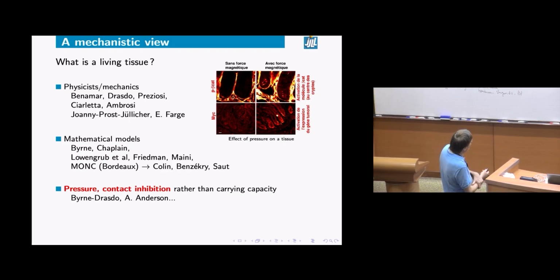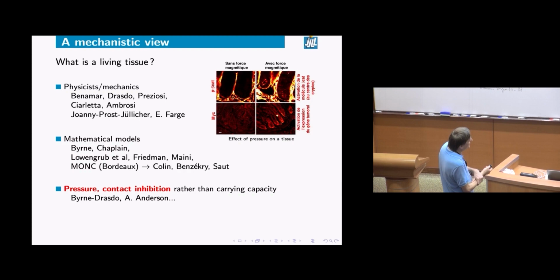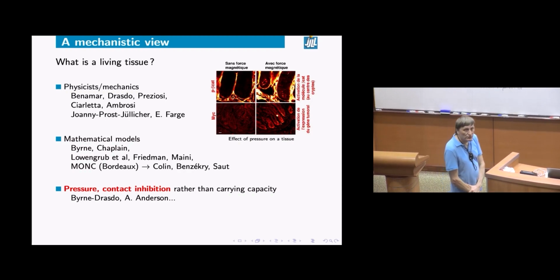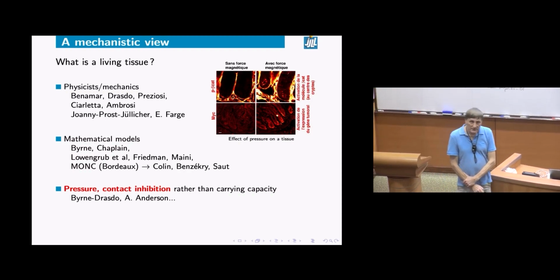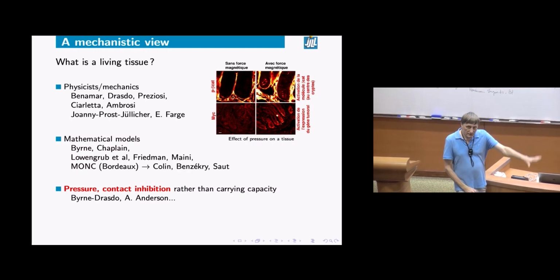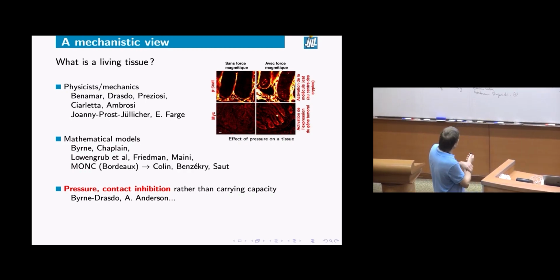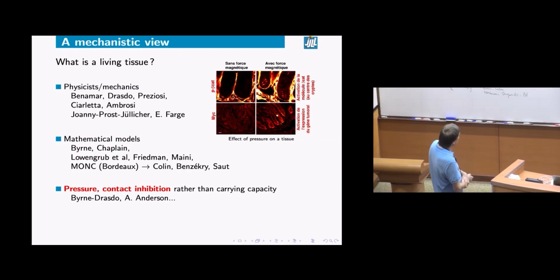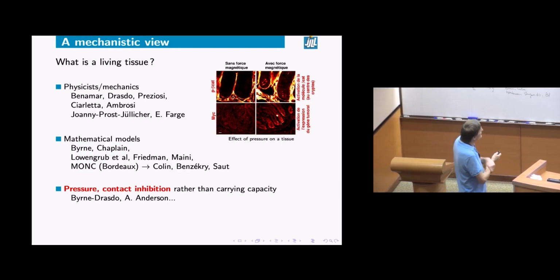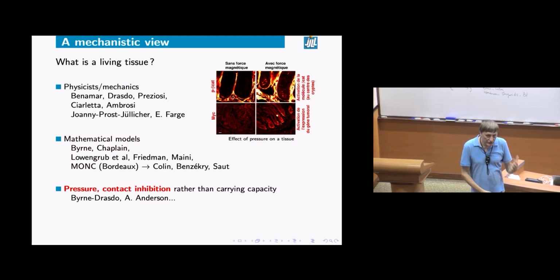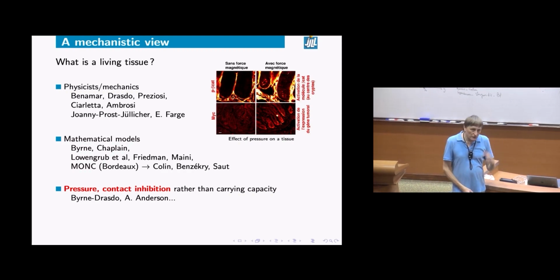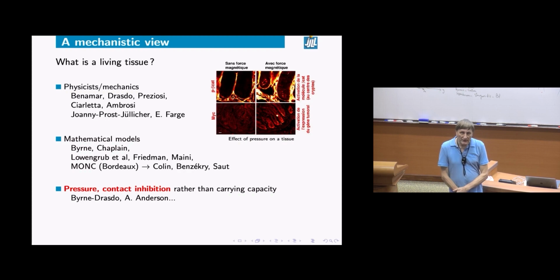In particular, the notion of carrying capacity, which was important if you have a view of ecology, is completely forgotten. And I think this goes back to an early paper of Helen Byrne and Dirk Drasdo, who said what is controlling the proliferation of cells is not the carrying capacity, it is mostly the pressure. If pressure is too high, cells do not like it and they stop proliferating.